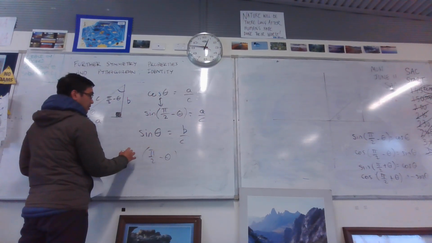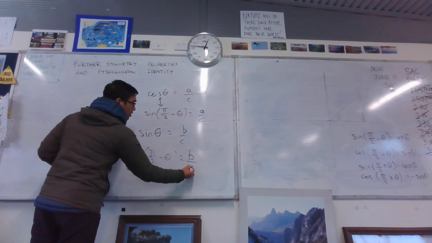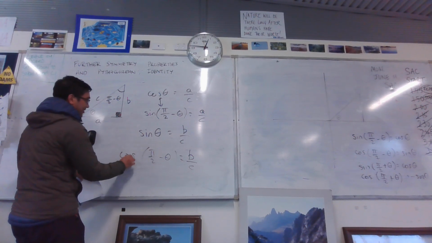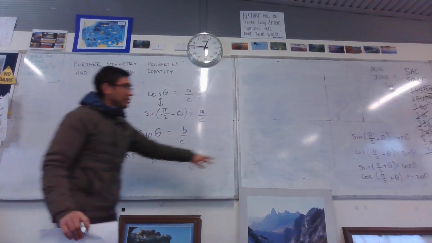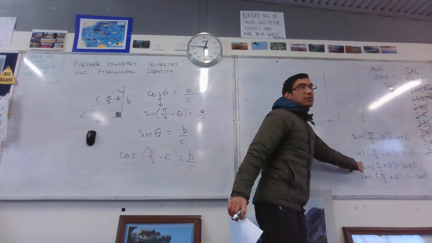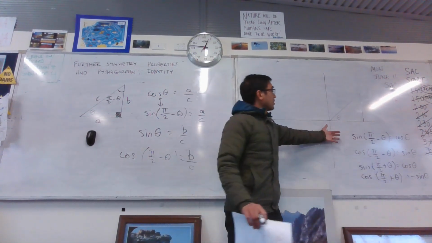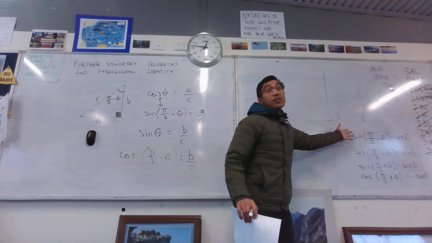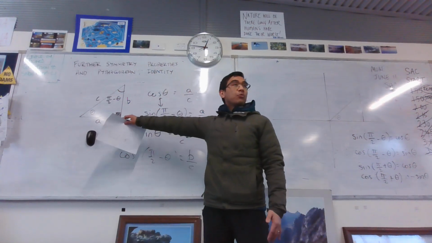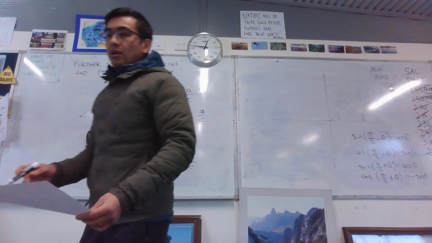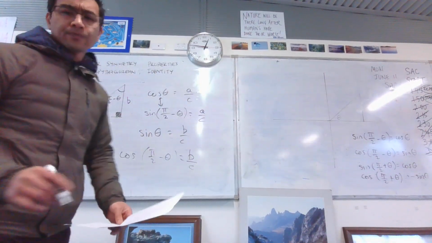It'll be B on C. B and C for which ratio? For sin? Or oh, for cosine, yeah, good. Okay, which gives us these two. Now that you know where it comes from, you can just memorize that or memorize that if you're more of a visual person. Okay, let's go to the next one.